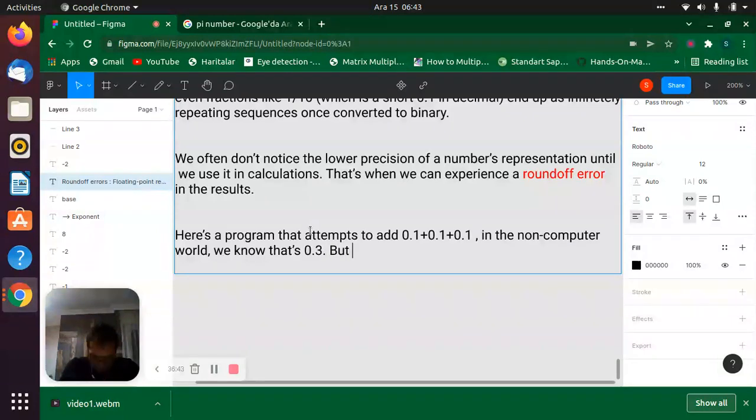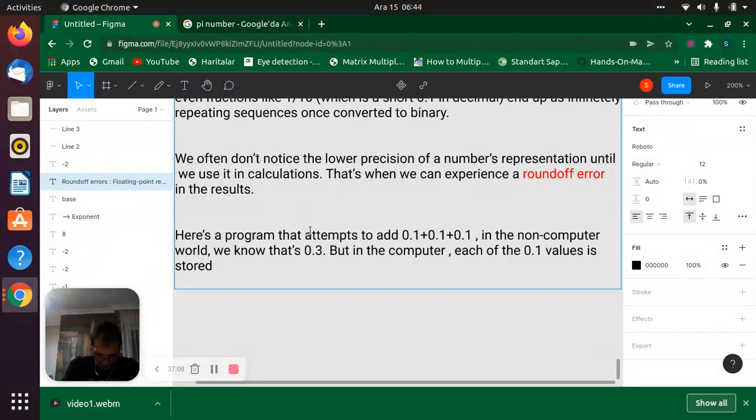But in the computer, each of the 0.1 values is stored as a rounded binary fraction, and then they are added together.